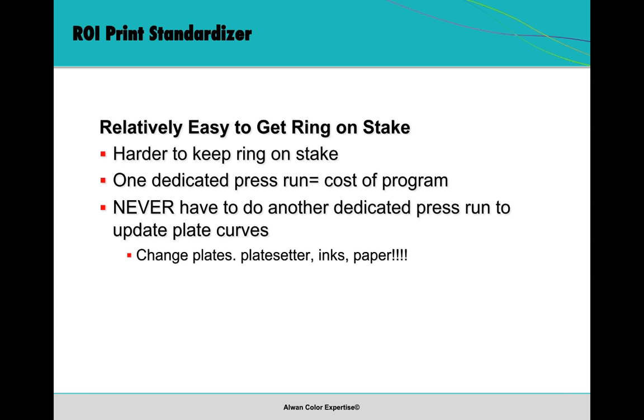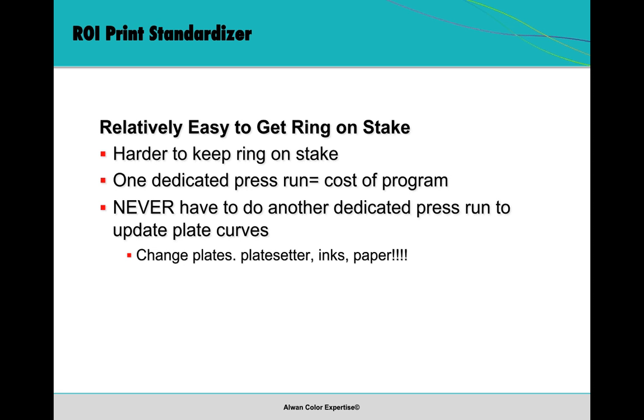Scan these color bars or control strips, and it will iterate your existing plate curve and bring your device back into line, whether it's an Indigo running off of a 05 LUT, or whether it's your Komori running off of some Harmony plate curve that was put in there 2 years ago.